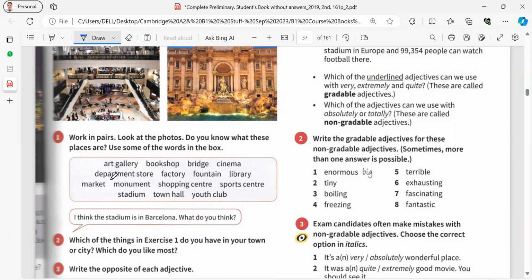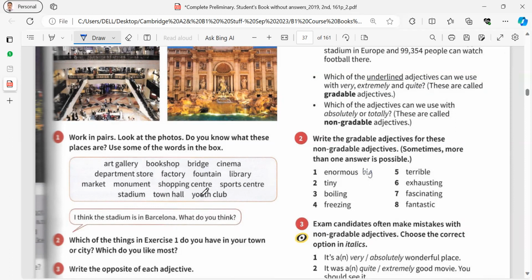Shopping center, sports center, stadium, town hall, youth club. You know the meaning of all of them, right? What places do you have in your town, Nawaf? What places are there in your town? These are public places. You can find them anywhere.